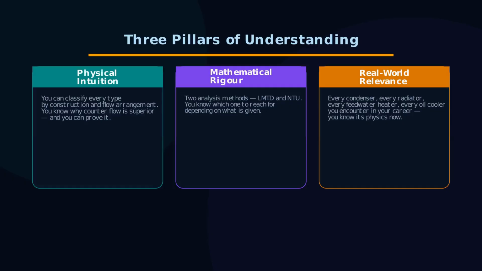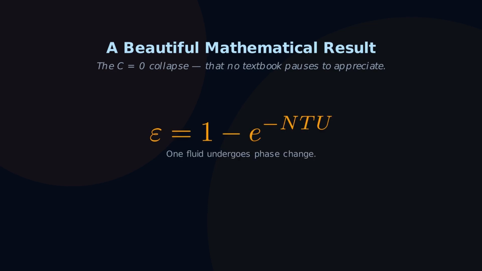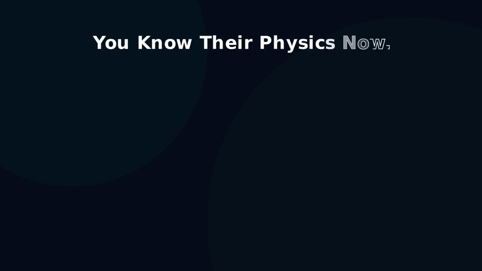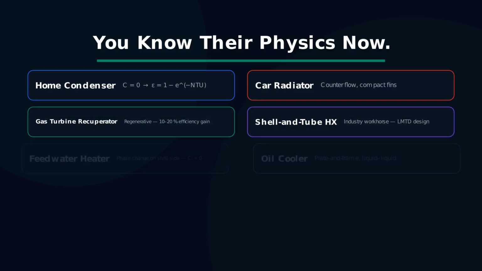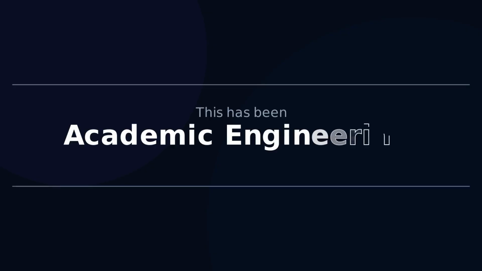You can apply 2 different analysis methods and know which one to reach for depending on what is given. You have seen a beautiful mathematical result, the C equals 0 collapse, that no textbook pauses to appreciate. Every condenser, every radiator, every feed water heater, every oil cooler you encounter in your career, you know its physics now. This has been academic engineering.